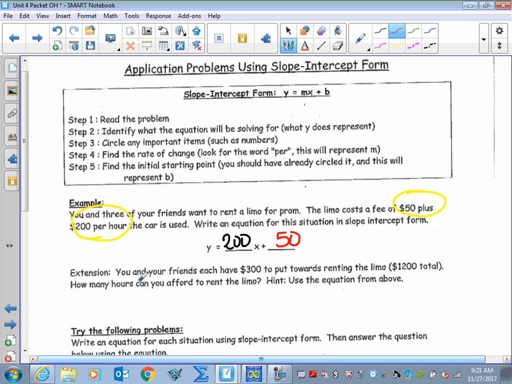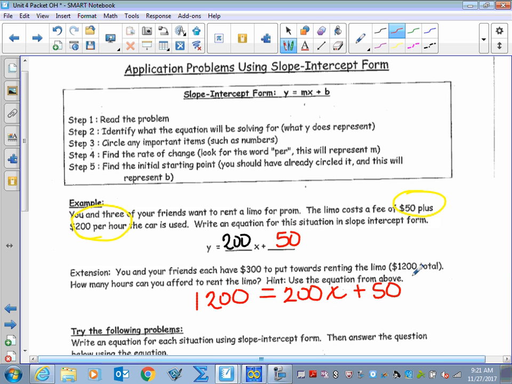So it says you and your friends now each have $300, which totals to $1,200. Right here will give us the total cost. Your total then will replace the variable y. Not all problems give you the total; this is actually the only problem that gives you the total.